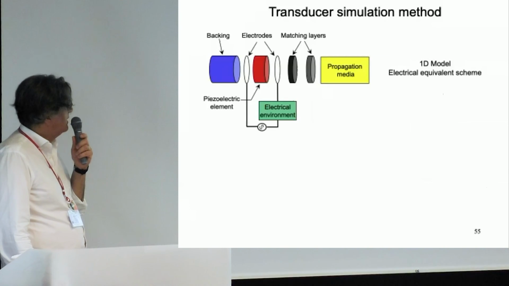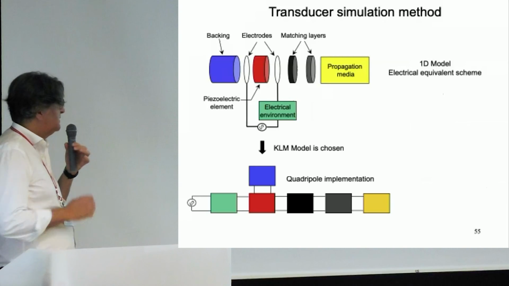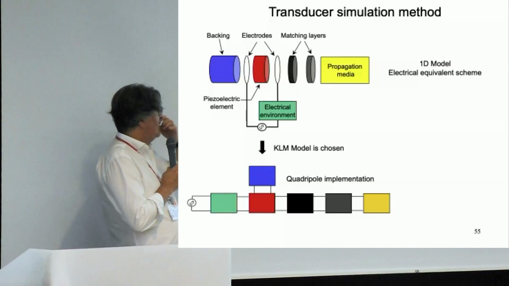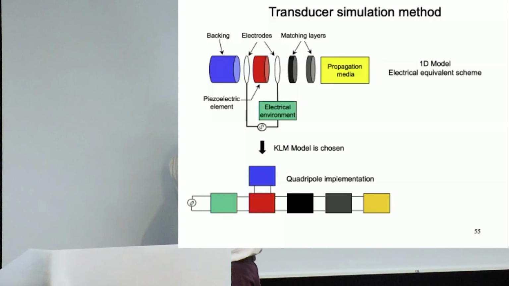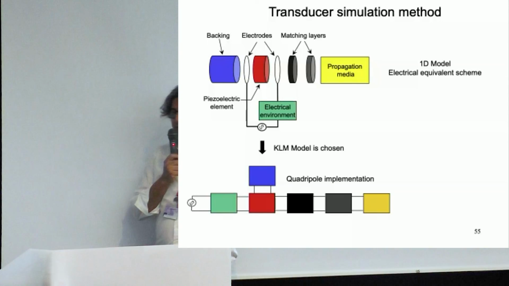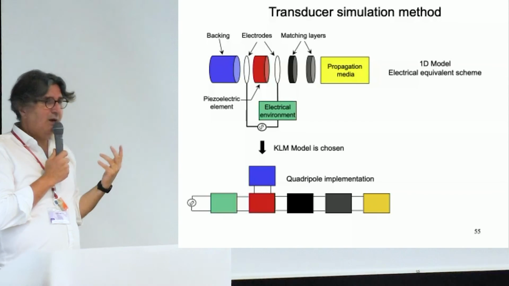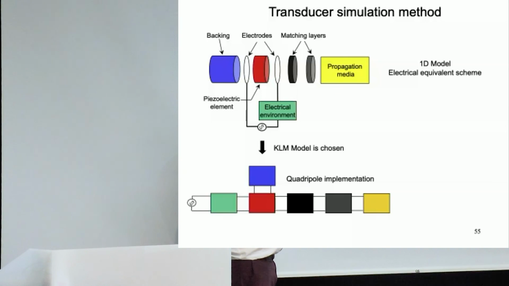For instance, if we look at the transducer simulation models, the KLM model is very simple. It is a cascade model. And one of the main advantages of the KLM model is this: if you look at a ceramic, one thing I haven't said, it is a hexapole, because you have an electrical port and you have two mechanical ports. One of the main advantages of the KLM model is that it transforms this hexapole into a quadrupole.